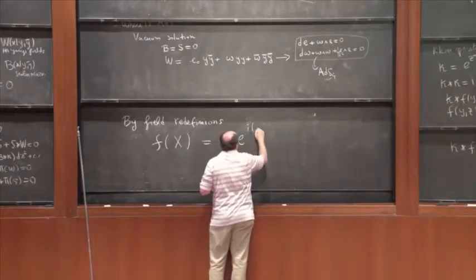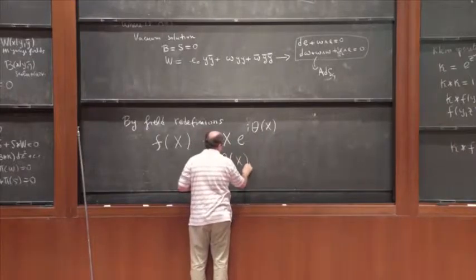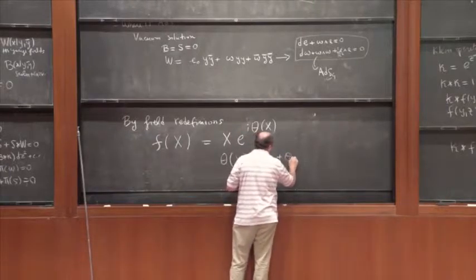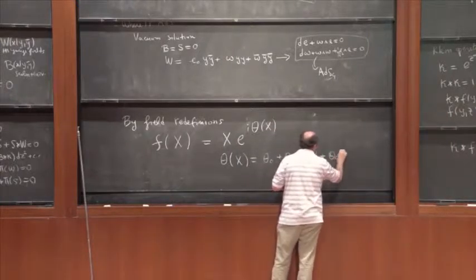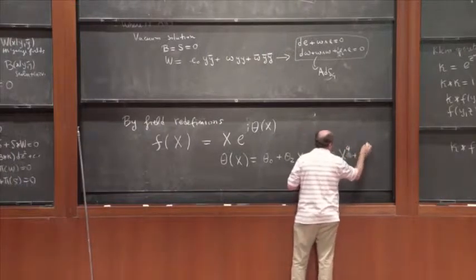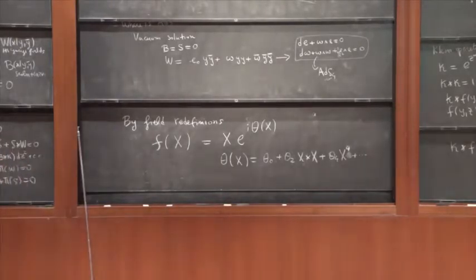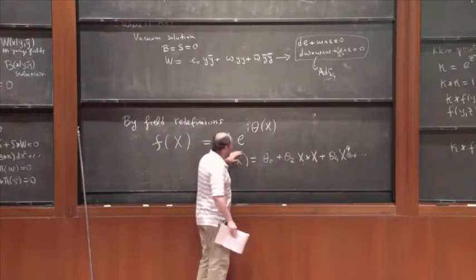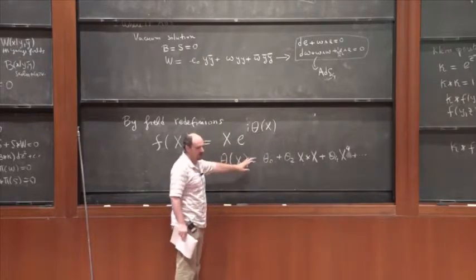It's traditionally written in this way, where this phase starts with a constant, then there is a quadratic term, a quartic term, and so on. So in fact, this f is not completely arbitrary, but there is still a large amount of freedom. It can be put in this form. So we still have a very large family of possible Vasiliev theories.